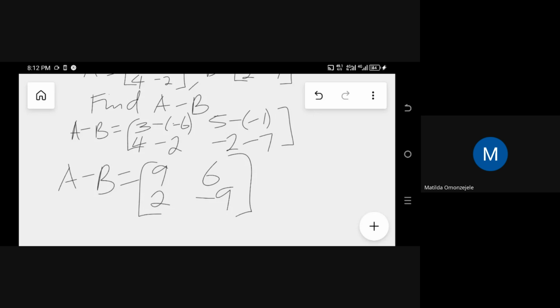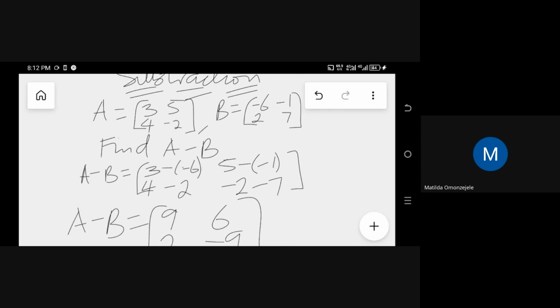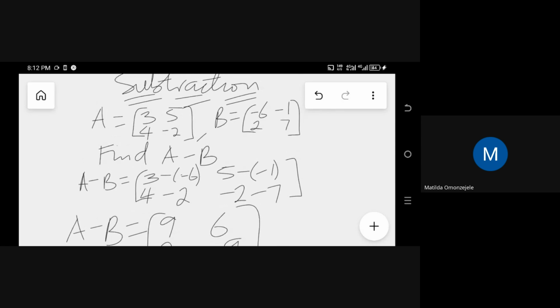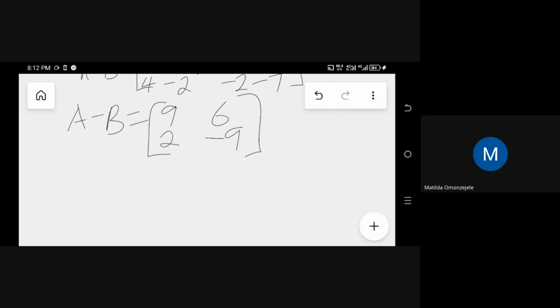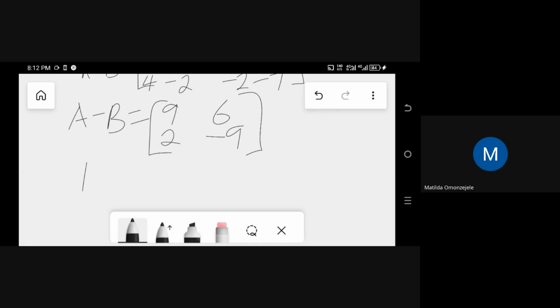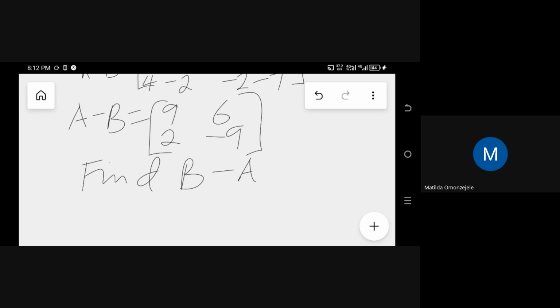This is A minus B. There's a difference between A minus B and B minus A. When we said A minus B, we started from the elements in A minus the elements in B. But if you were told, in this same matrix, to find B minus A, they are not the same.